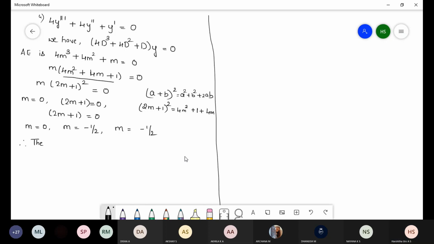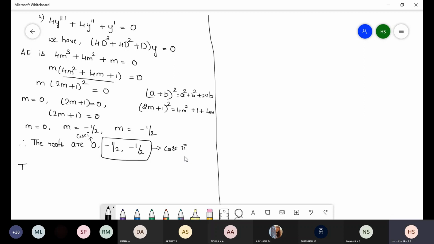Therefore the roots are 0, minus 1 by 2, minus 1 by 2. So here this comes under case 2 because of repeated values, and this one is case 1.